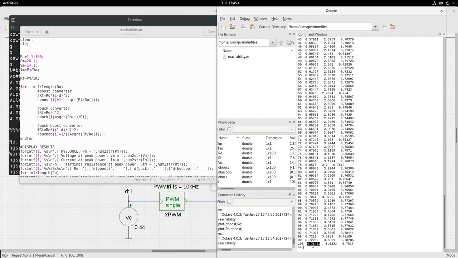So 0.72 duty cycle would mean VC of 0.44 using the relationship that we just saw for the PWM triangle, which is going from -1 to +1. So that is why we had kept the VC value at 0.44.